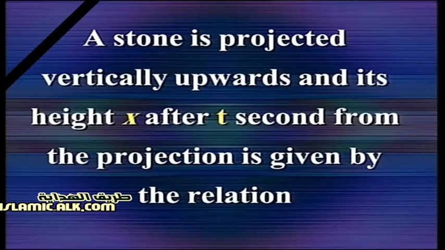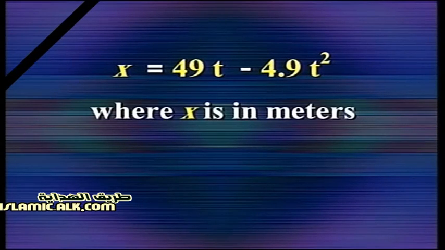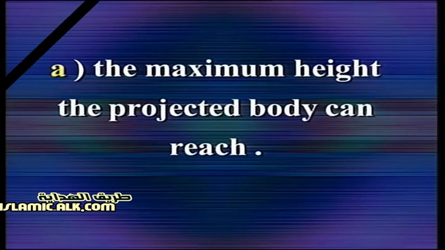A stone is projected vertically upwards, and its height x after t seconds from the projection is given by the relation x equals 49t minus 4.9t squared, where x is in meters. Find the maximum height the projected body can reach.